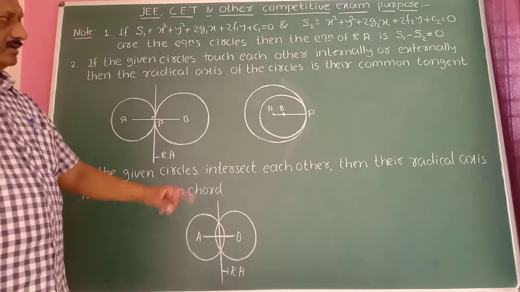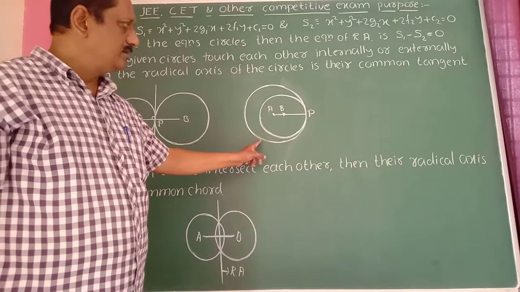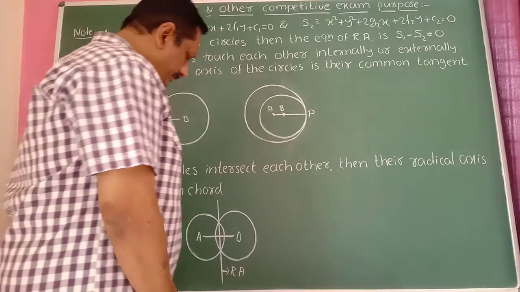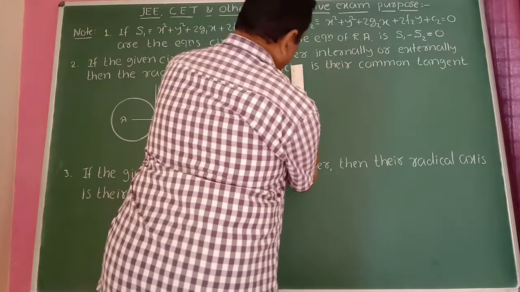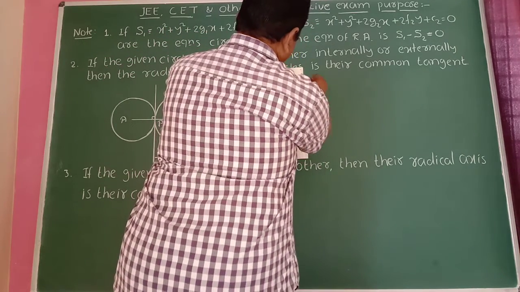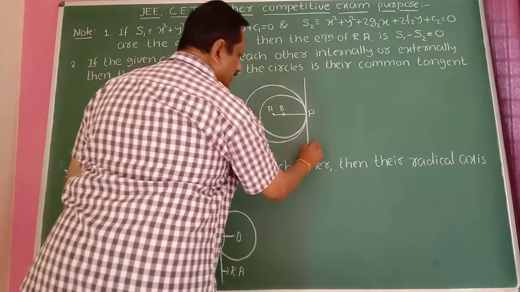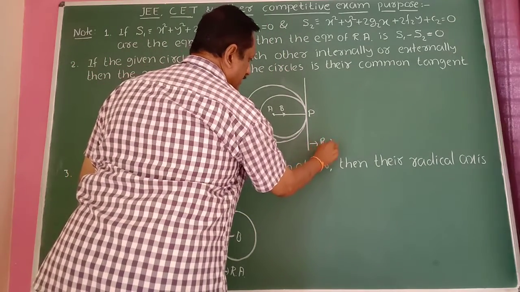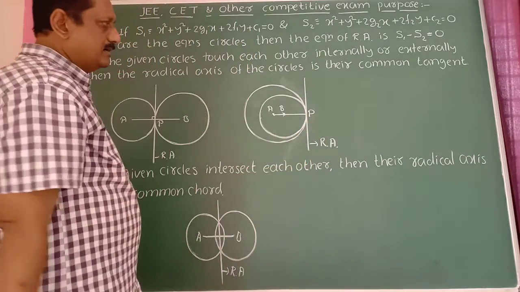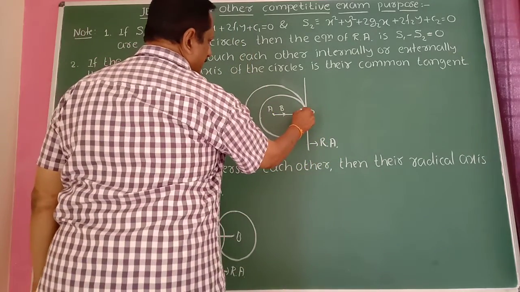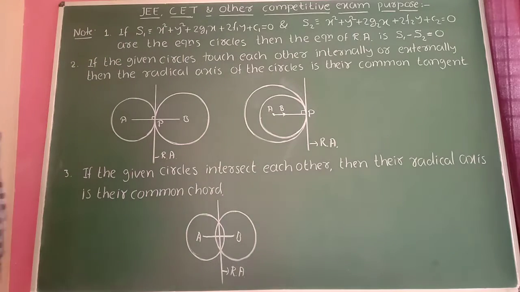In this case, two circles touch each other internally. Then the common tangent itself is the radical axis, and this radical axis is again perpendicular to the line joining the centers of the circles.